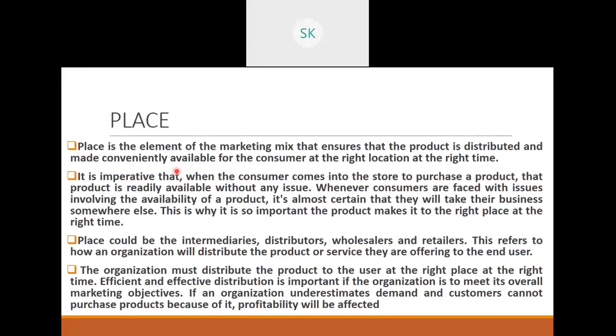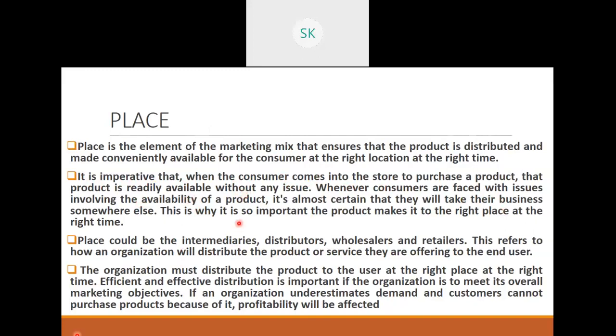So the right location has to be analyzed by the manager, the sales manager. He will have to make sure everything is at the right place, right time, right person, everything has to be taken care of. It's imperative that when a customer comes into the store to purchase a product, the product is readily available without an issue.